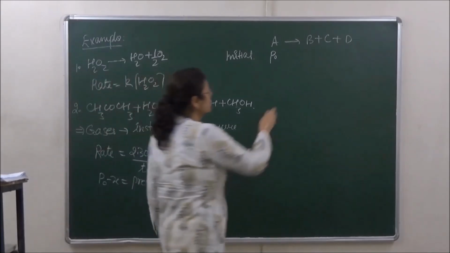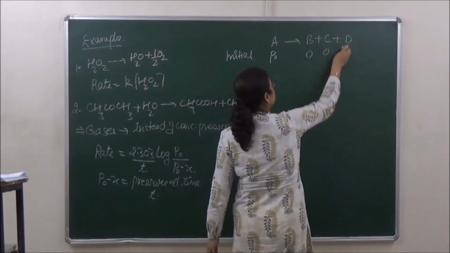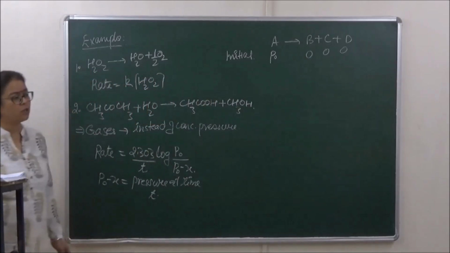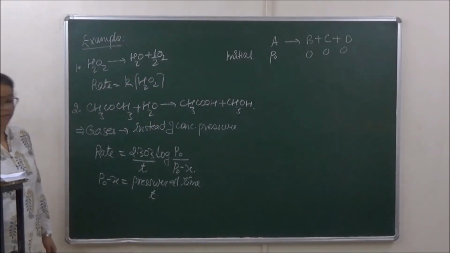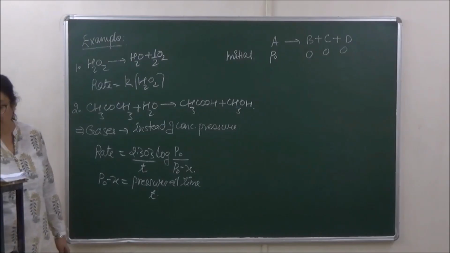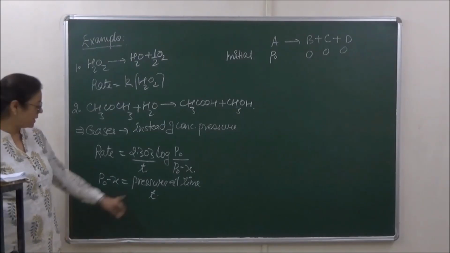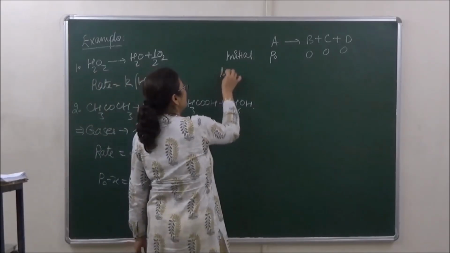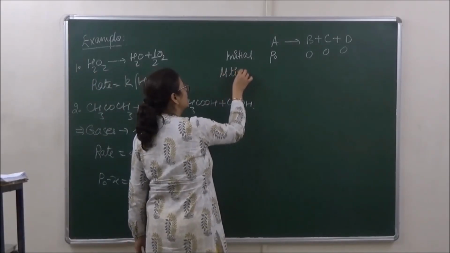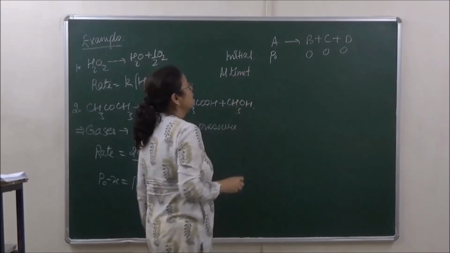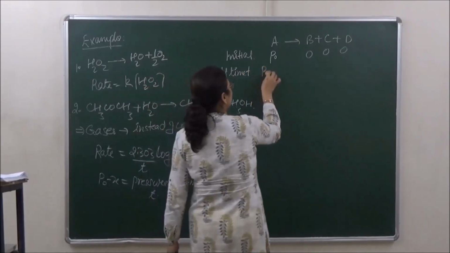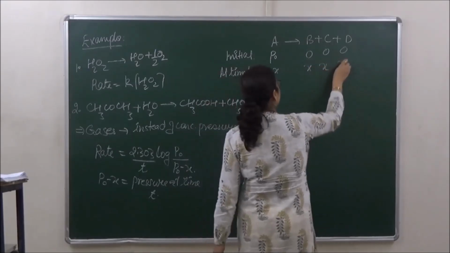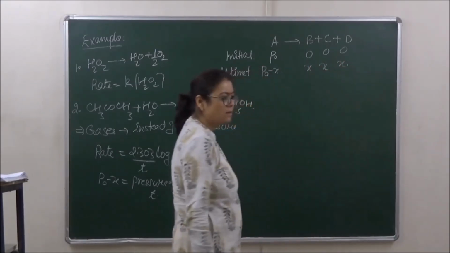So at initial stage the pressure due to all these gases is equal to 0. At time t, the pressure of A becomes P naught minus x, and here x and here x.